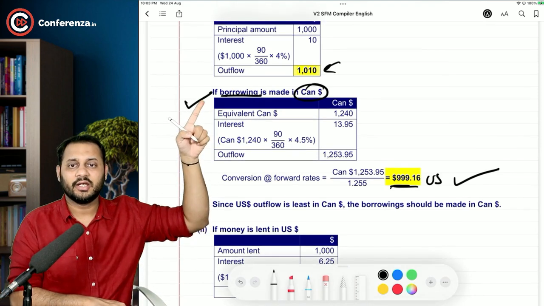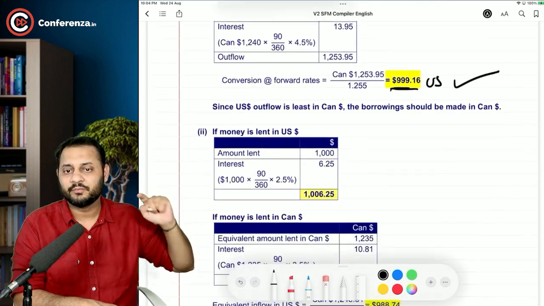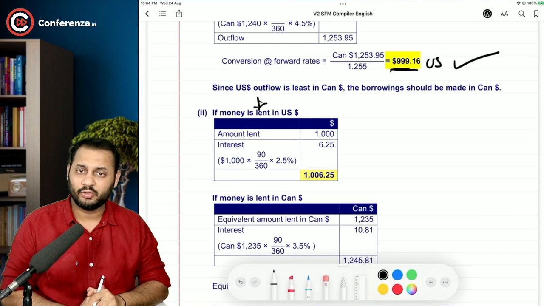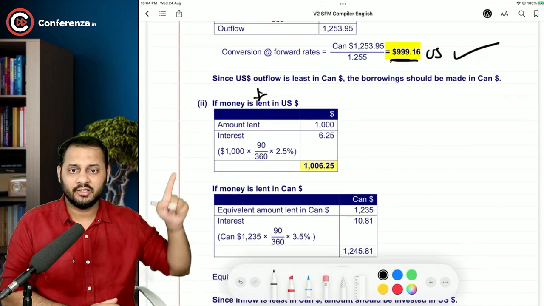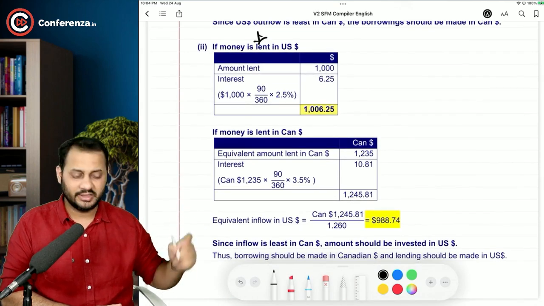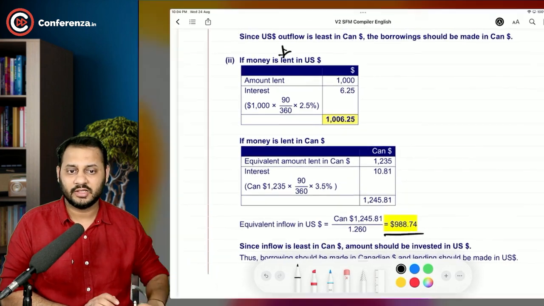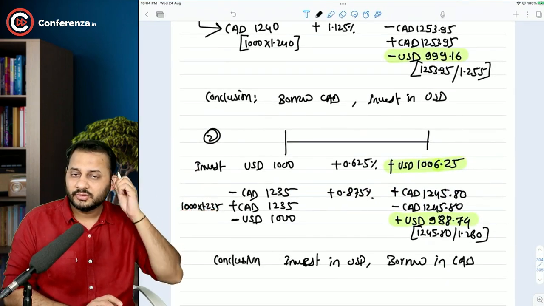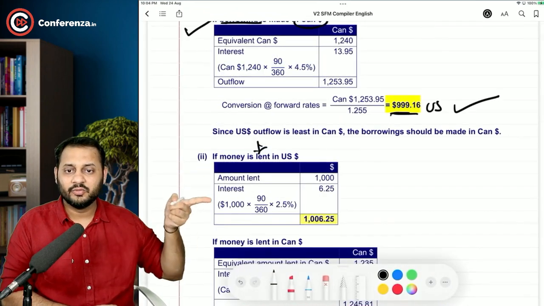If you are borrowing in Canadian dollar, invest in US dollar. If you go with lending, meaning investing or deposit, still you can see that investing in dollar is giving you more money than investing in Canadian dollar. 988 only. Here 988.74. So investment in US dollar is better.